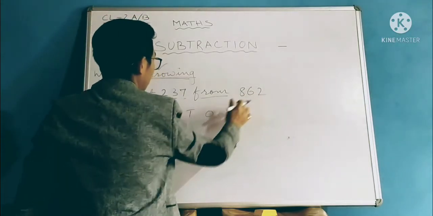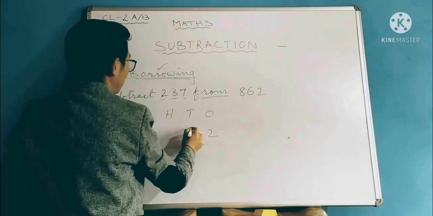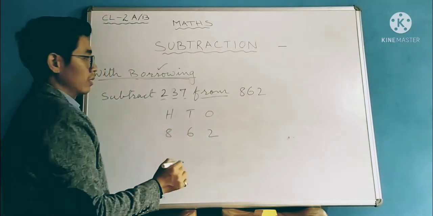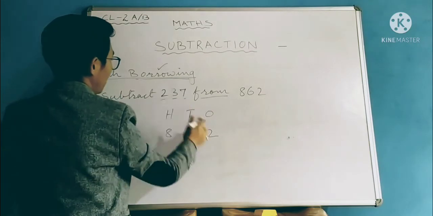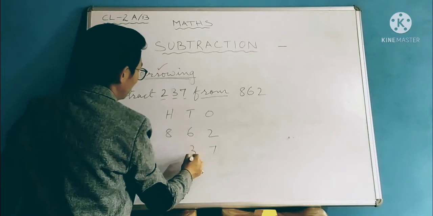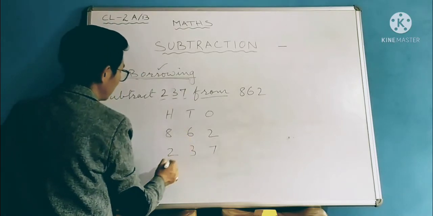Place them. 2 is in ones place, 6 is in tens place, 8 is in 100 place. Next number, 7 is in ones place, 3 is in tens place, 2 is in 100 place.